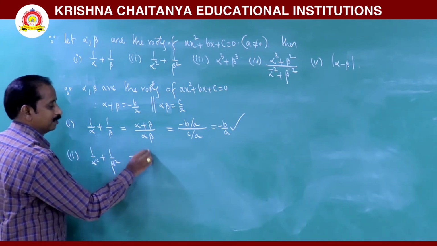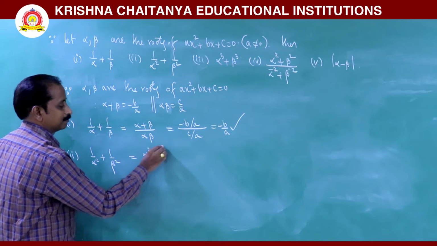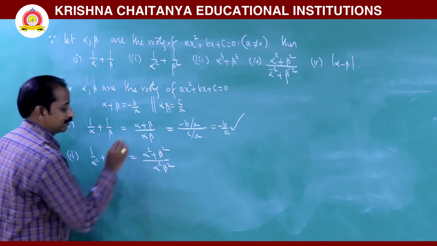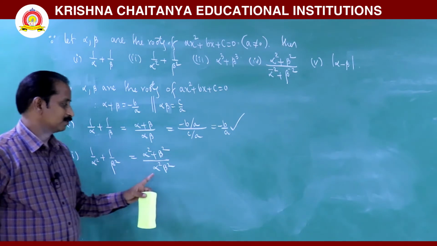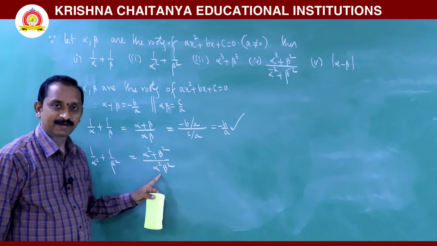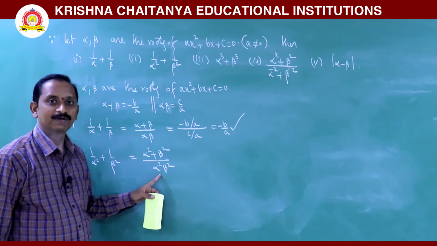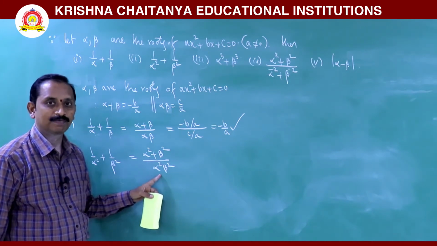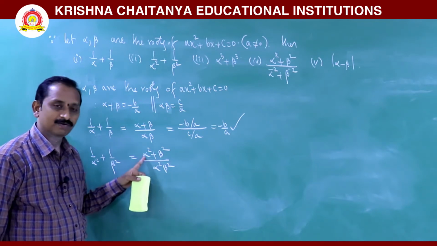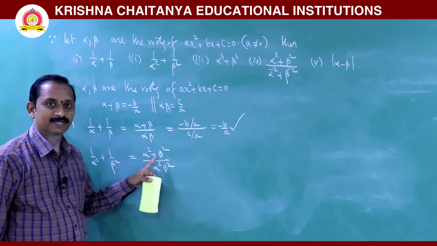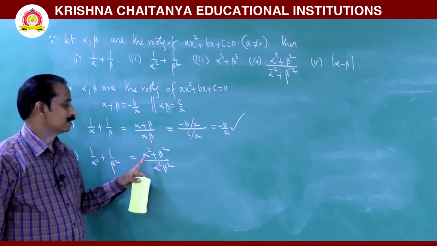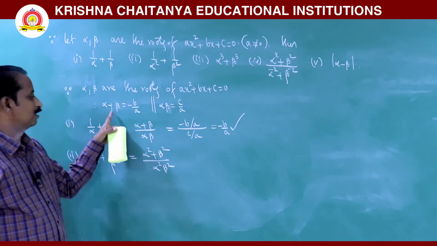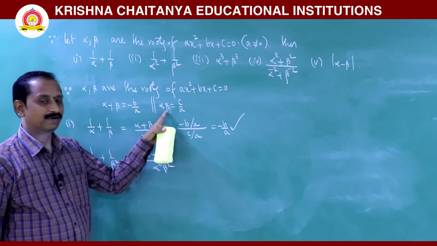So that's why alpha square plus beta square divided by alpha square into beta square. But we know one concept, a power m into b power m is ab whole power m. So we can write alpha beta whole to the power of m. But we don't know the value of alpha square plus beta square. We can write alpha square plus beta square using alpha plus beta and alpha beta.